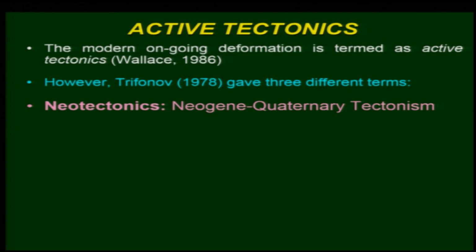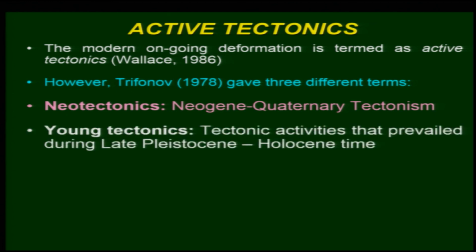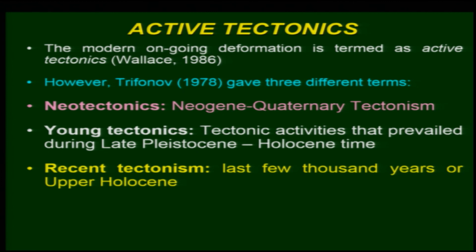One is neotectonism, the Neogene-Quaternary tectonism, a transition phase between the Tertiary and Quaternary. Then we have young tectonics, the tectonic activities that prevail during late Pleistocene and Holocene time. And then we have recent tectonism, which is continuing in the Holocene, but in the upper Holocene part. So the last few thousand years, or upper Holocene, activity has been termed recent tectonism.